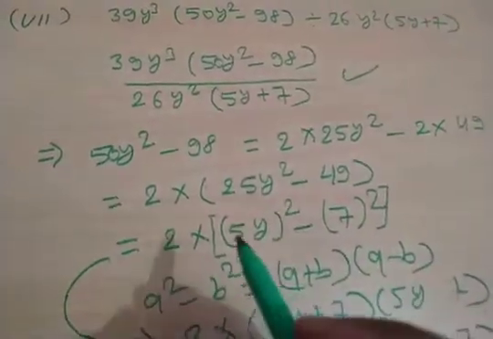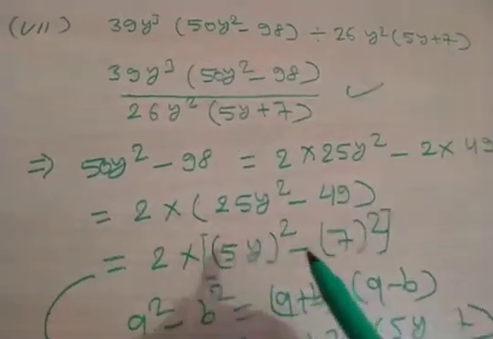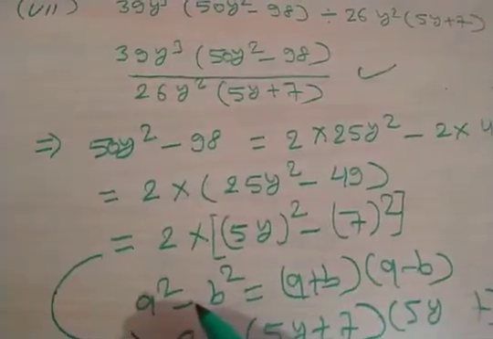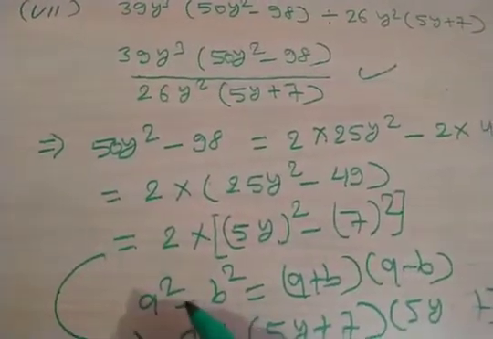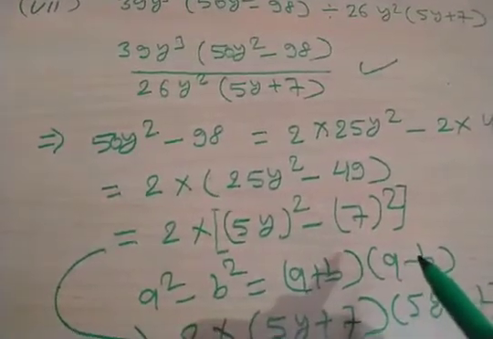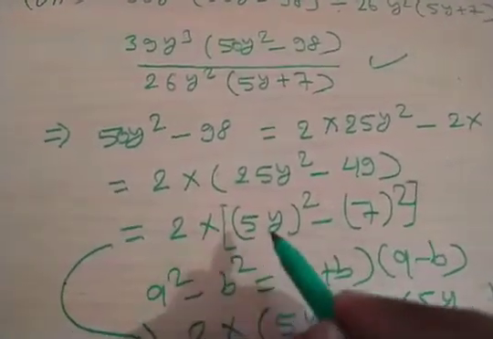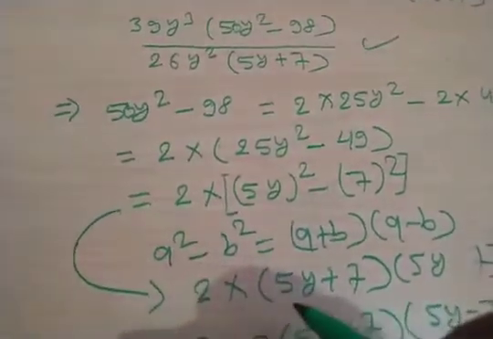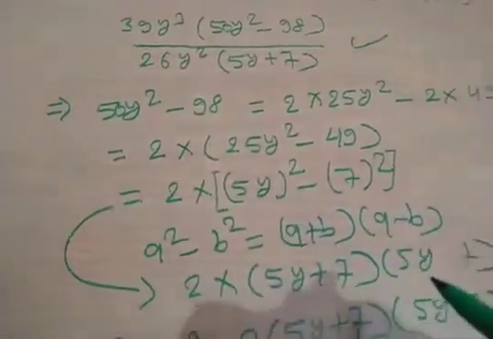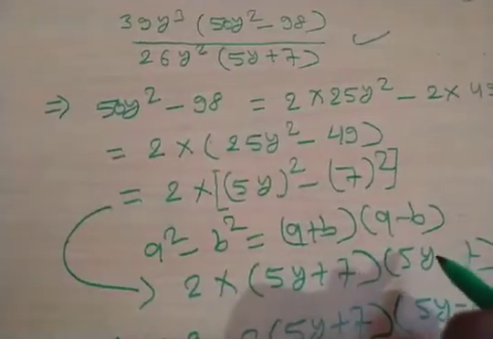Okay. So you can see here this is a difference of 2 squares. Okay. So according to this identity, the third identity, a square minus b square is equal to a plus b into a minus b. Okay. So we can write these terms as 2 into 5y plus 7 into 5y minus 7. Here minus.